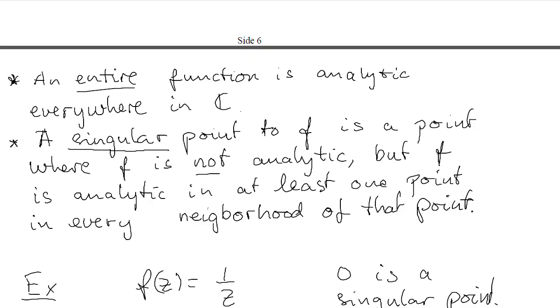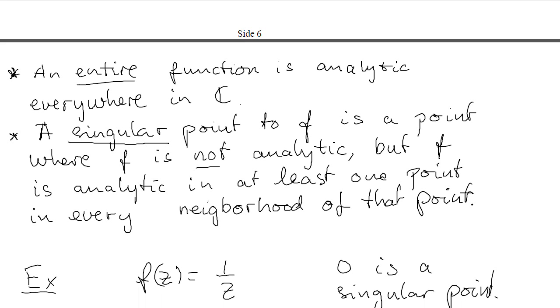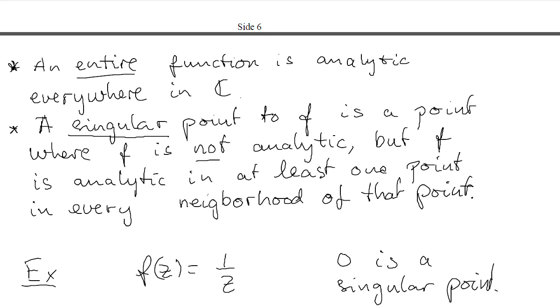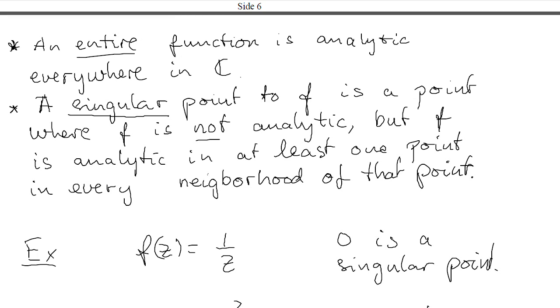Let's now discuss the definition of an entire function. That's just an analytic function which is analytic everywhere in the complex plane. A singular point of a function f is a point where f is not analytic, but f is analytic in at least one point in every neighborhood of that point.